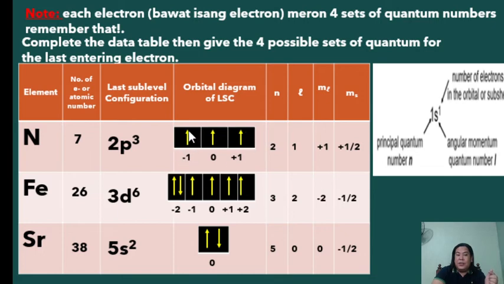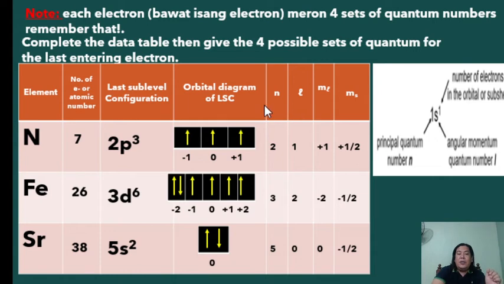So 3, singly first 1, 2, 3, and then assign values. And then sa 3d6, that is 1, 2, 3, 4, 5, 6. This is the d orbital with 5 boxes, and then you assign values para madali. Okay? And then sa s, isa lang. So, ilagay nyo lang dito is 0 with 2 electrons.